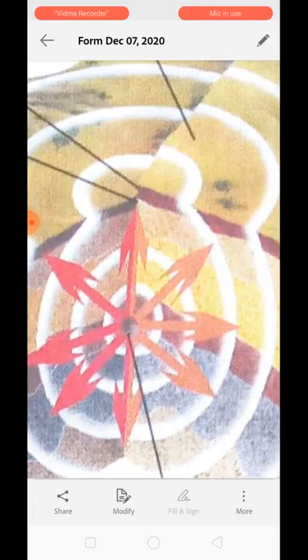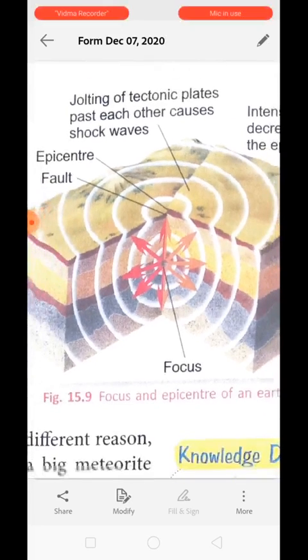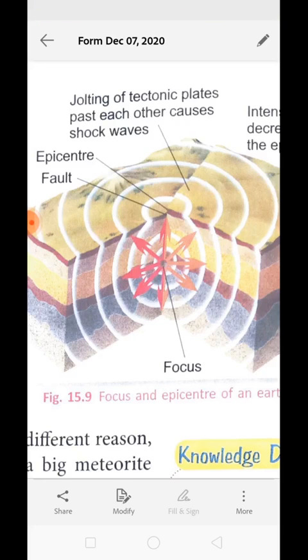Okay, the point on the earth's surface just above the focus is called the epicenter. So the epicenter has the highest strength of earthquake. Means the earthquake will be measured highest at the epicenter.